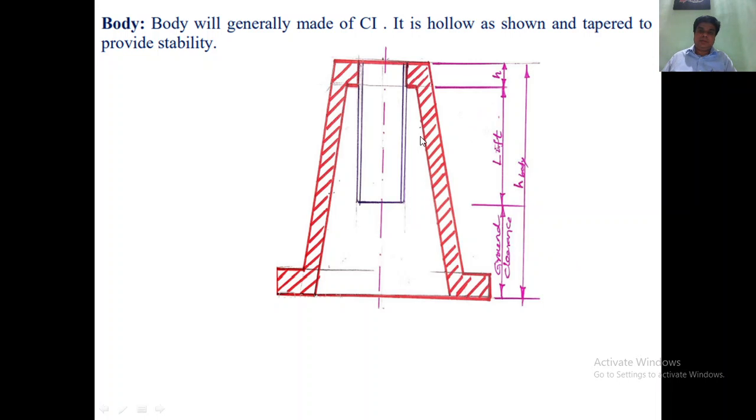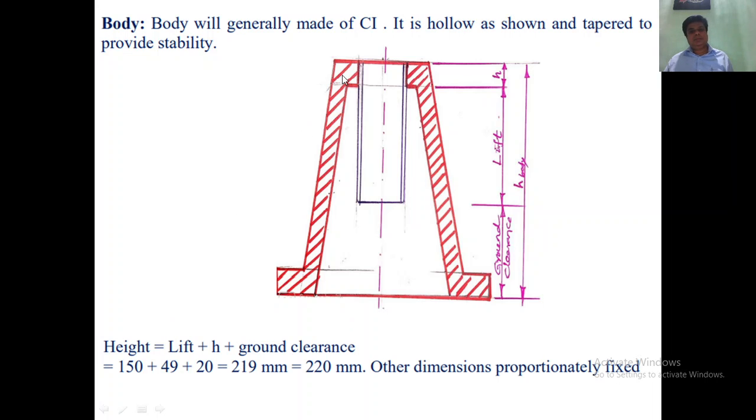So this is the lift of the screw rod, and you have to give some ground clearance, and the height of this nut collar is there. Add all these things and you get the height of the frame. So height of the frame is equal to lift plus nut collar height, and you have to give some clearance. You can assume some clearance, 20 mm or 25 mm, and that will become the height of the screw jack frame or the bottom support.